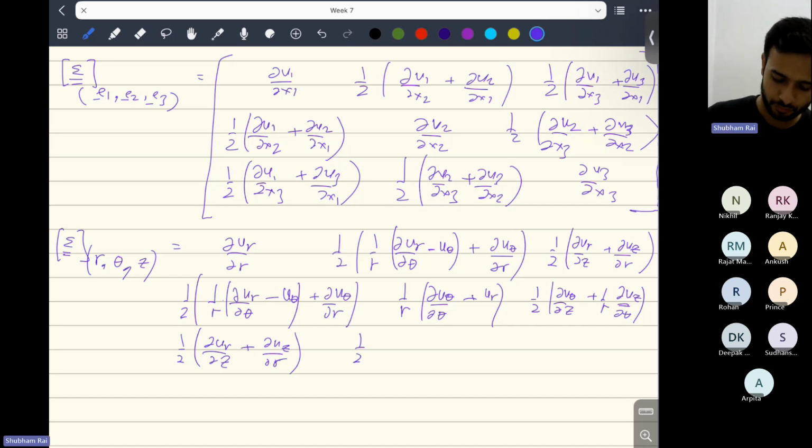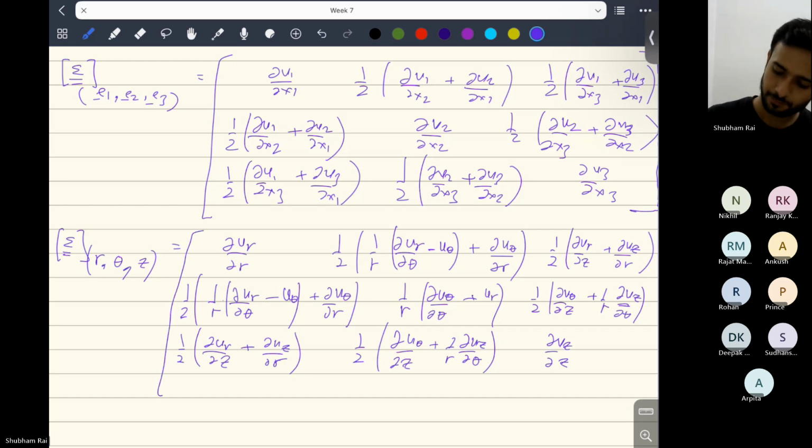Then this is 1 by 2 since it is symmetric. So this will be del u theta by del z plus 1 over r del u z by del theta. And this is del u z by del z. And this is your strain matrix in cylindrical coordinates.